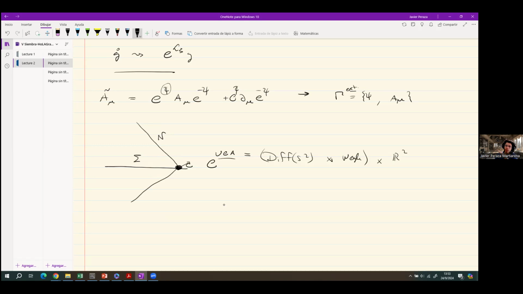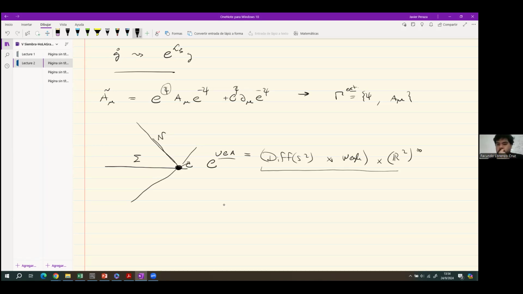These are all the possible functions that can move the null geodesics. These are diffeomorphisms, but they have a non-trivial action on the boundary, so you can actually compute the charges for them because they do not vanish on the boundary.